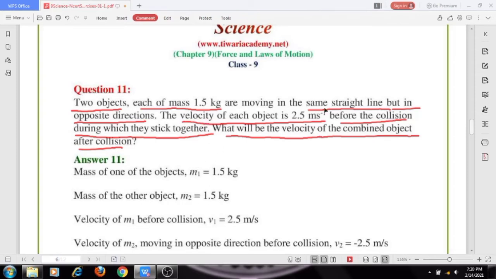And then look at the next data. How are they moving? They are moving in a straight line but in opposite direction. And the velocity of each object is 2.5 meter per second, right? So the velocity of m1 before collision, if I consider this as m1 and this as m2, we can consider v1 is equal to how much? 2.5 meter per second, right?